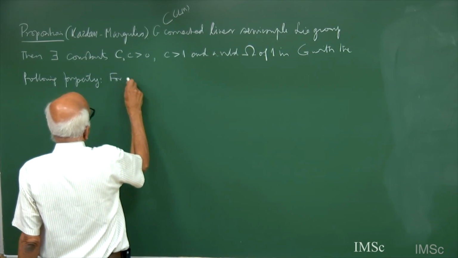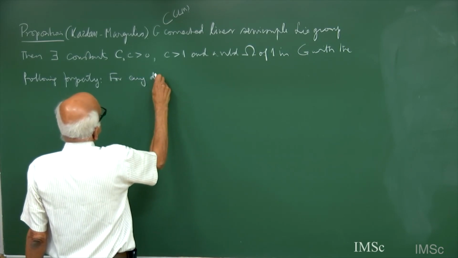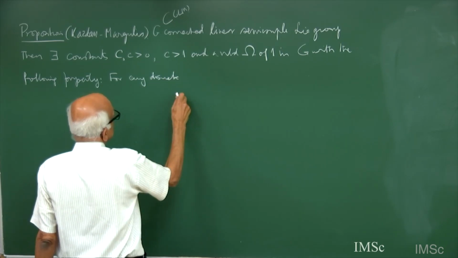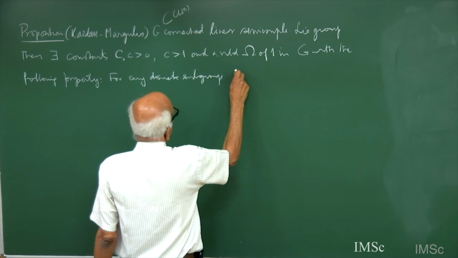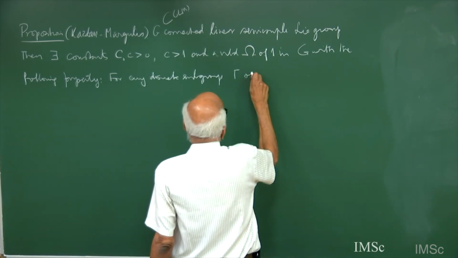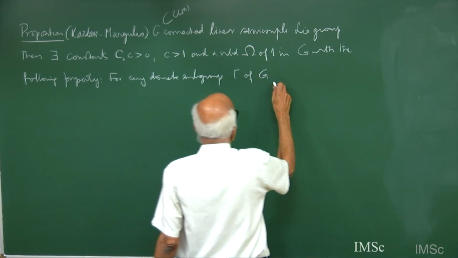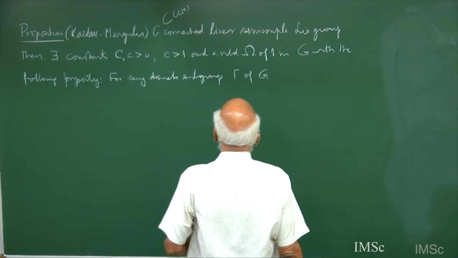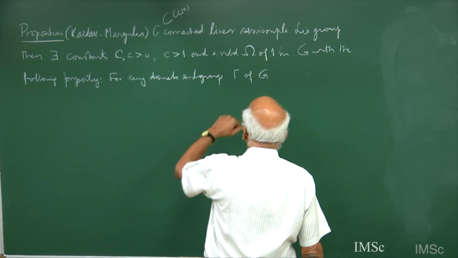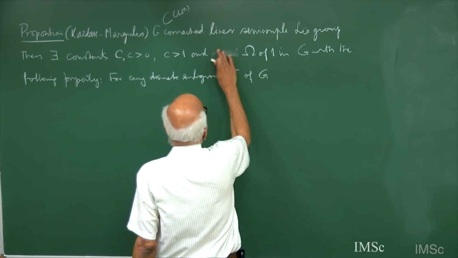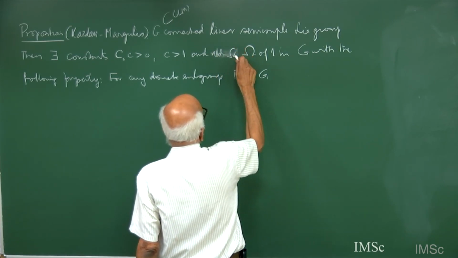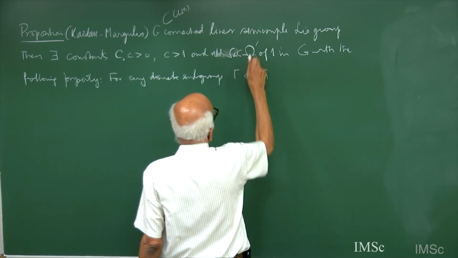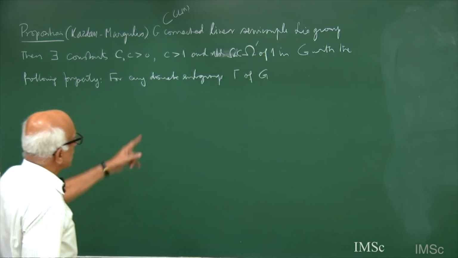For any discrete subgroup gamma of G, let me write neighborhoods omega prime, two neighborhoods, one containing the other.